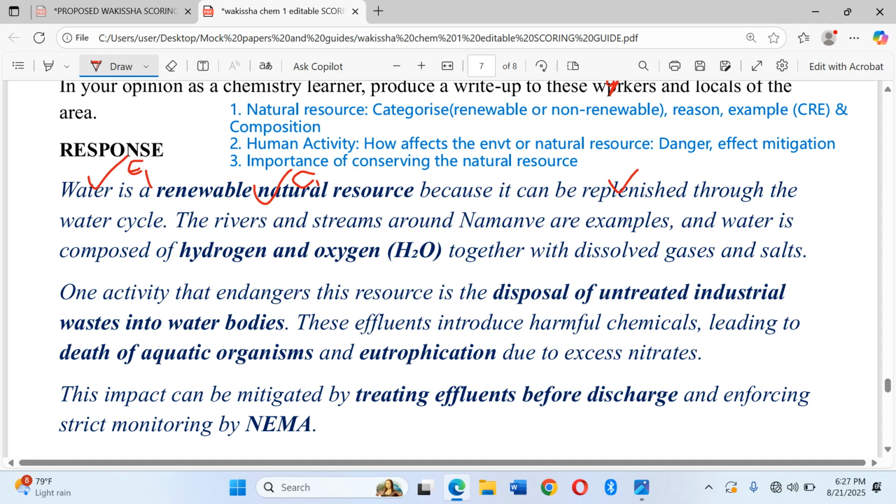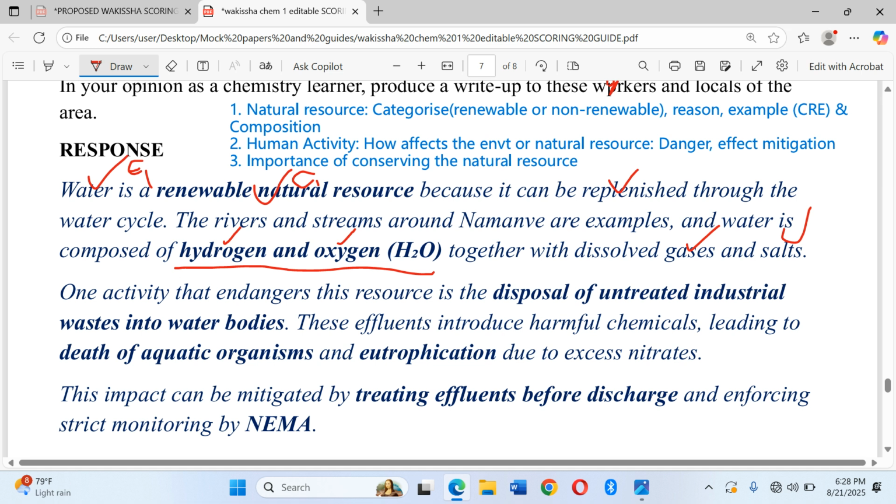The rivers and streams around Namanve are examples, and water is composed of, this is the composition, hydrogen and oxygen, together with dissolved gases and salts. When you give only these two, these are the major compositions of water, because it is composed majorly of hydrogen and oxygen. And you get your scores.